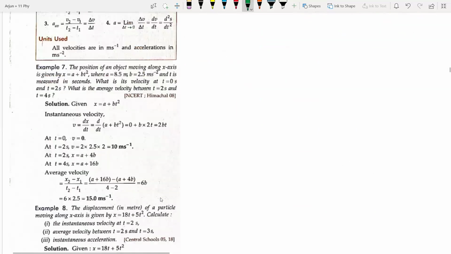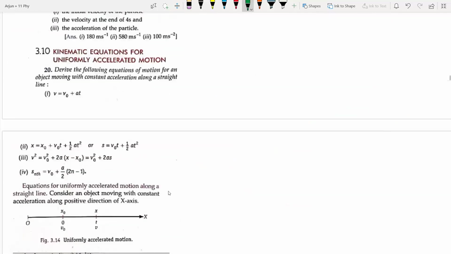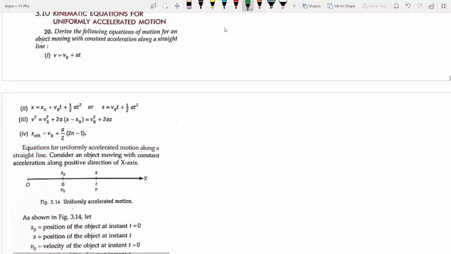Then let us see the equations of motion we need to derive. Already in your grade 9, when you were in class 9, you derived equations of motion. Now in this 11th class, you are going to derive equations of motion, but there are different methods to derive. So what are those different methods? First method is the algebraic method.